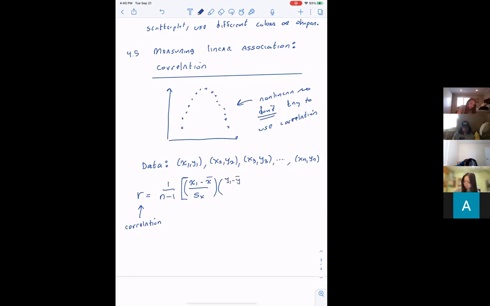So y1 minus y bar over s of y. And we're going to add that and do this for each one. This is the formula to calculate the correlation.